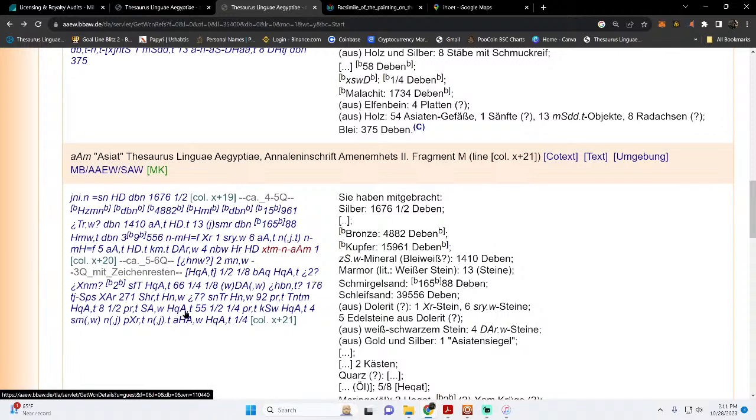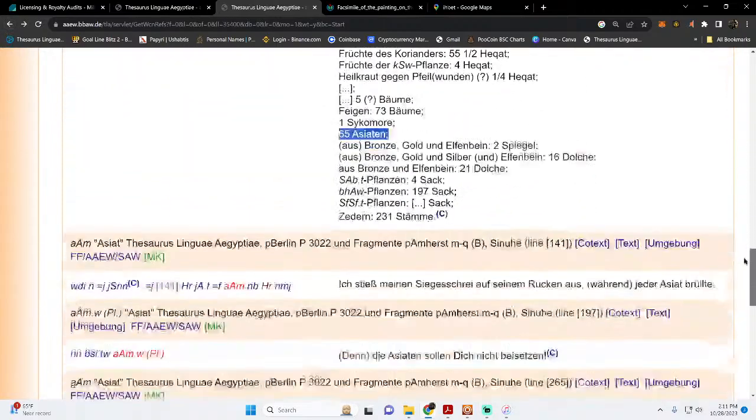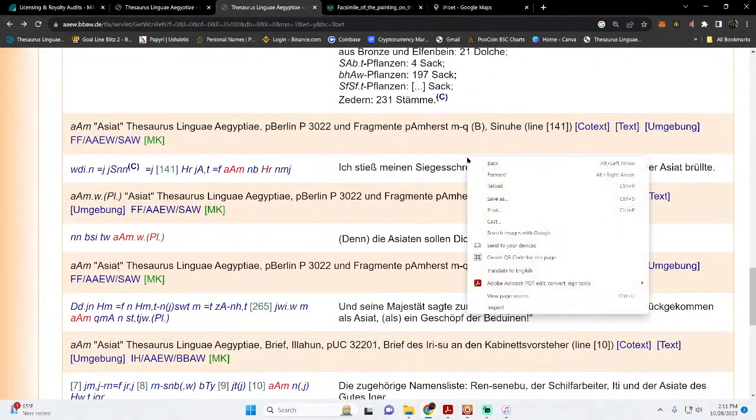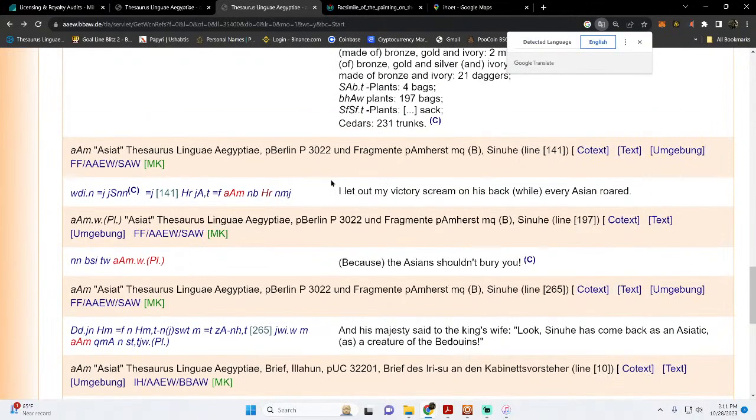It's a different word for Asians I'm not finding. But I'm going to omit this one because I can't qualify it with my own knowledge. I don't see that word. And y'all can look through it too and see what's up with that Asian attestation. All right, so I'm going to take that out. They didn't bring back 65 Asians. I didn't even see it.